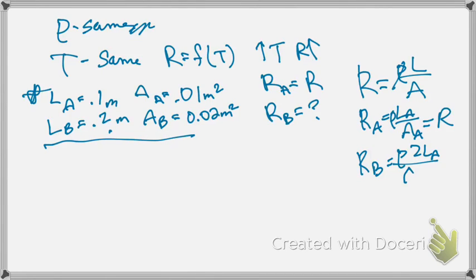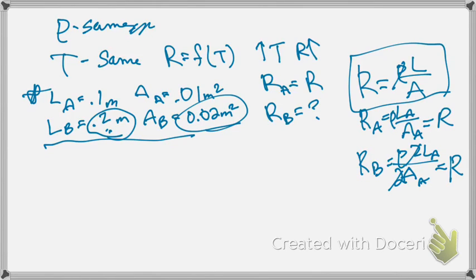And A of B is equal to twice what A of A is. So the 2 and the 2 cancel out, and R of B is just rho L of A divided by A of A, which is the same R. So basically what they're saying in this question is, if you double the length of the wire and you double the area, in this equation, those doublings cancel out, and you get the same resistance. So the answer is just R.